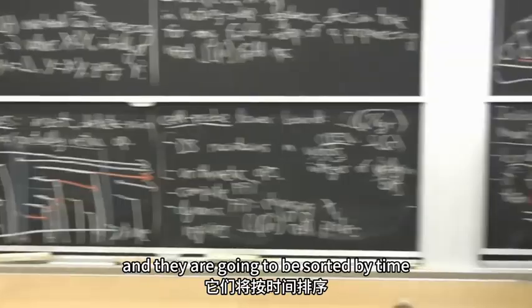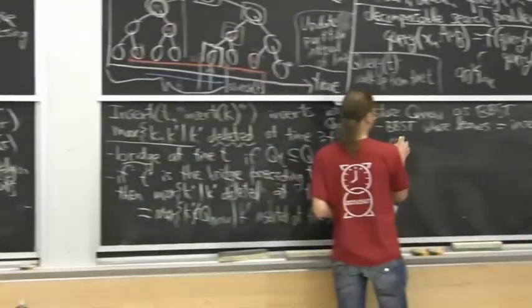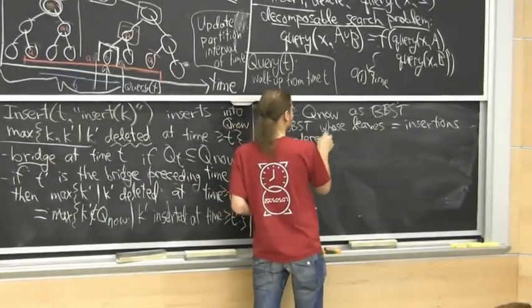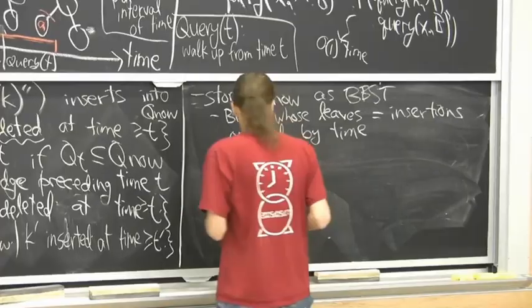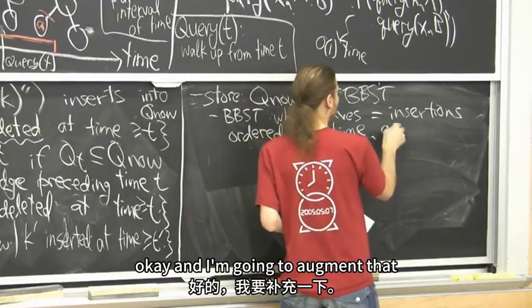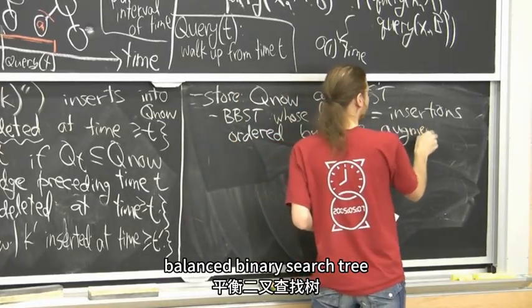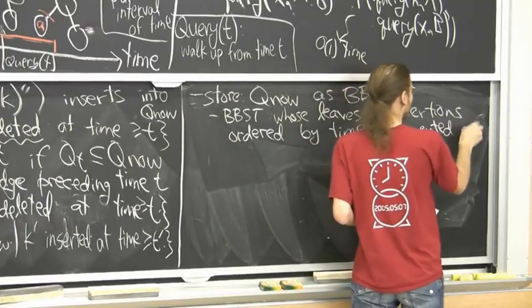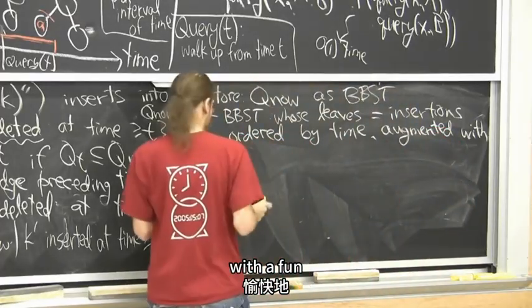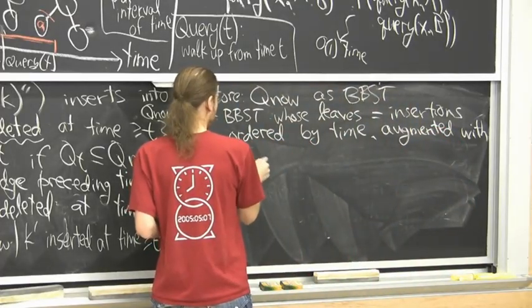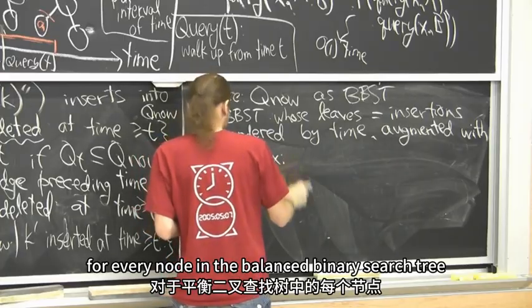And they are going to be sorted by time, not by key value. Okay, and I'm going to augment that balanced binary search tree with a fun value for every node in the balanced binary search tree.